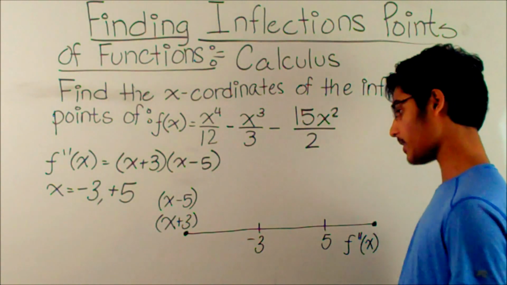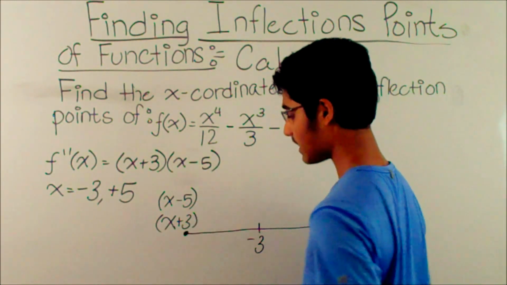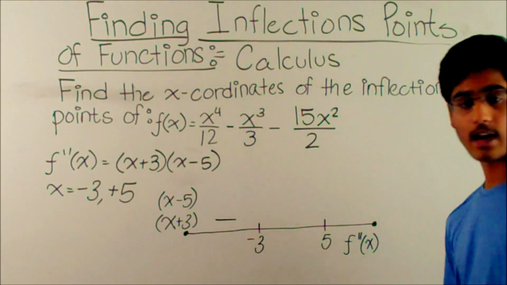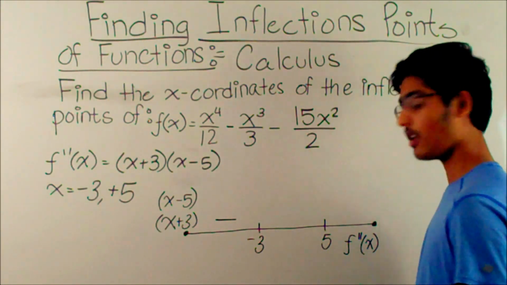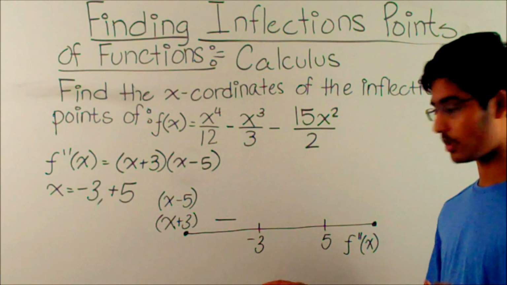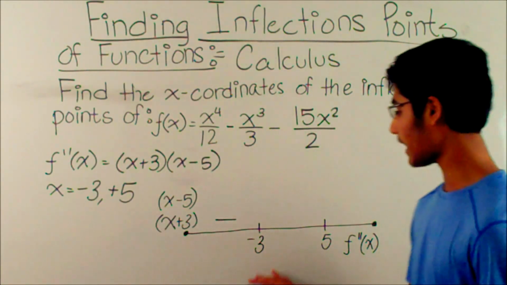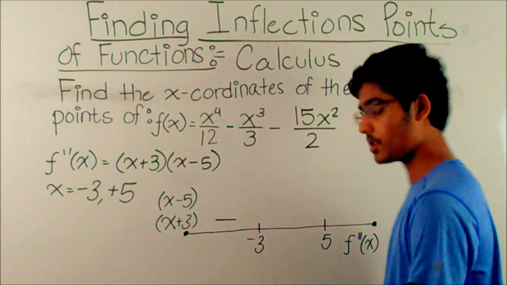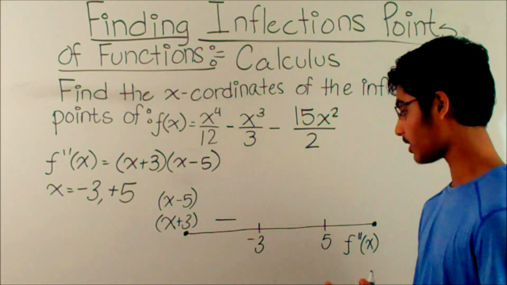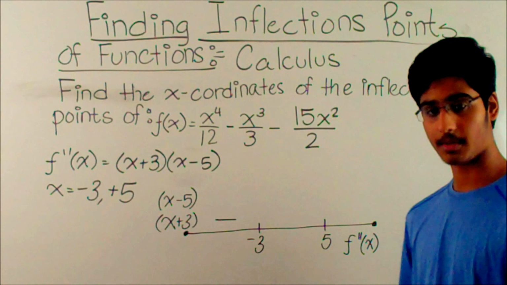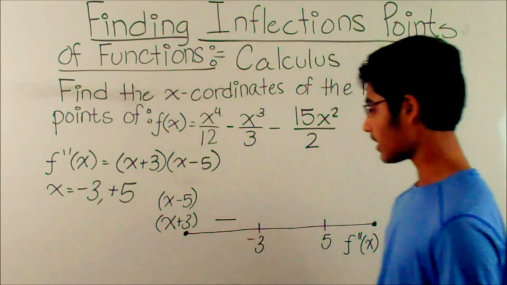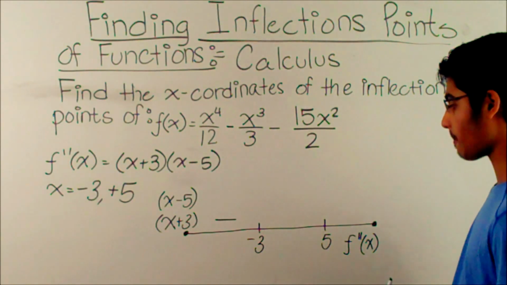So if we pick the number negative 4, negative 4 plus 3 is negative 1, which is a negative number. And we'll notice this is true for any number that we pick on the open interval from negative infinity to negative 3. Even if we go to negative 3.0001, that'll still be a negative number. It'll just be negative 0.0001.